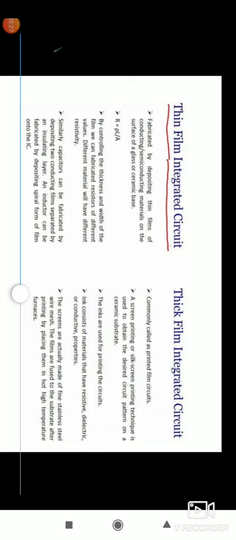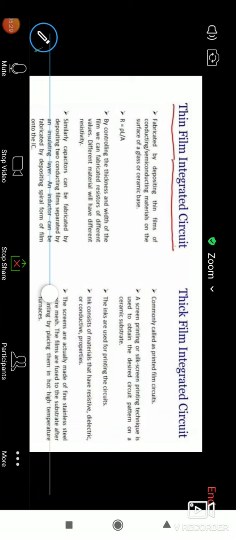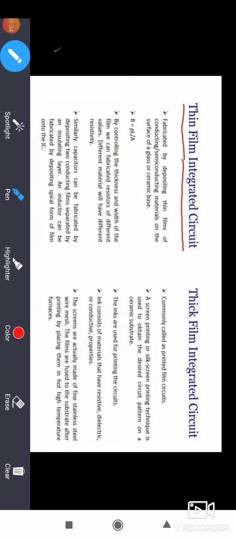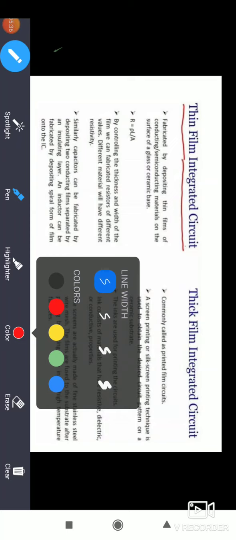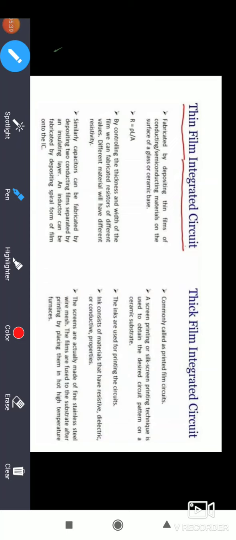Here, thin film integrated circuits are fabricated by depositing thin films of conducting or semiconductor materials on the surface of a glass or ceramic base. Here we just deposit the semiconductor material on the glass.